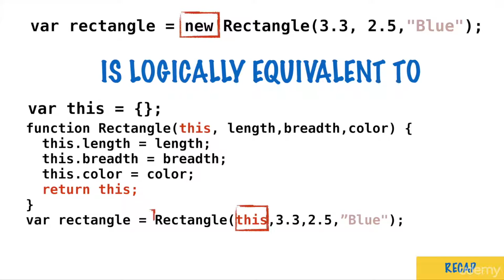It's passed in as an argument to the rectangle function, and the rectangle function returns this as well. The one line on top using new is logically equivalent to the entire block of code that you see below.